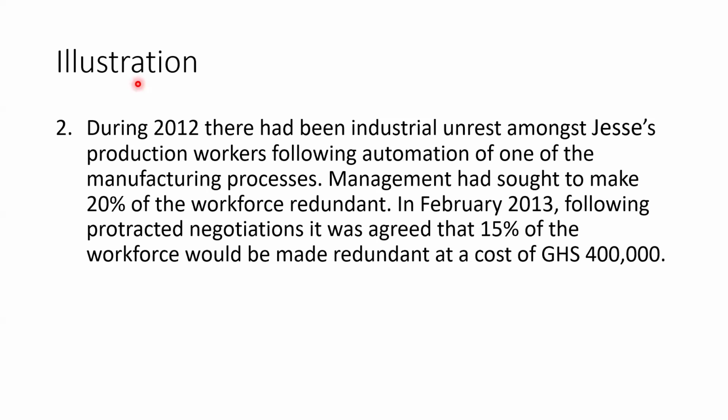Management had sought to make 20% of the workforce redundant. In February 2013, following protracted negotiations, it was agreed that 15% of the workforce would be made redundant at a cost of 400,000 cedis.